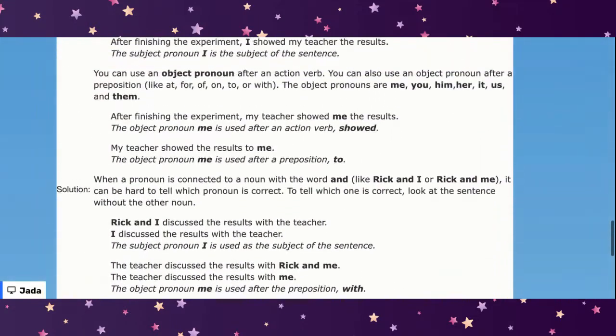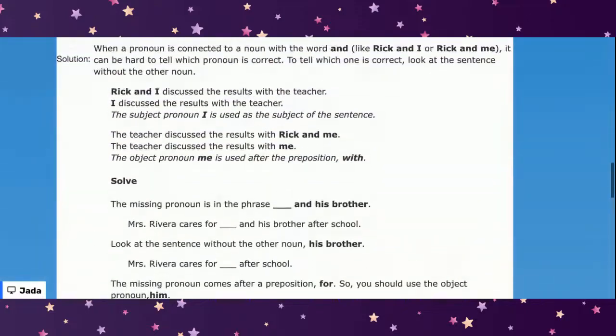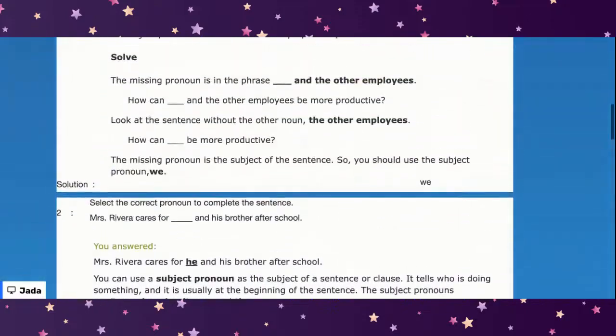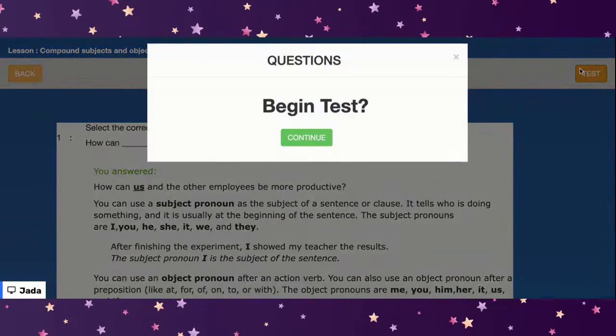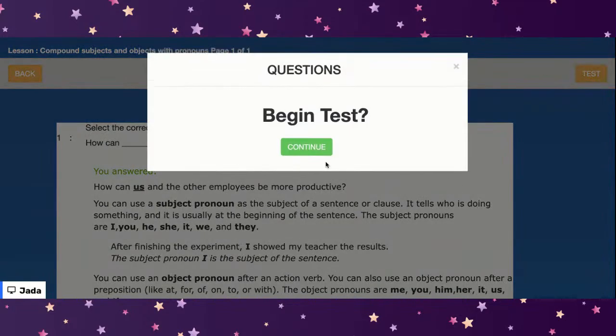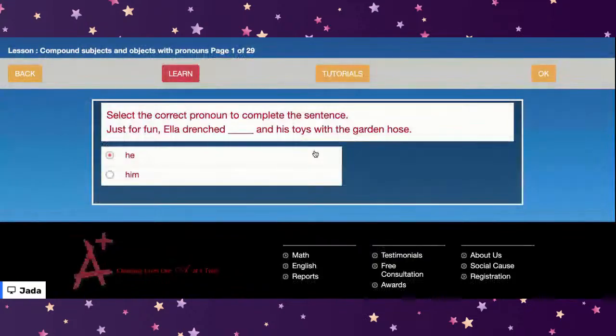All right, so let's move on to the test. Make sure that you use the right pronoun for the answers. Just for fun, Ella drenched Dash and his toys with the garden hose. Is it him or he? All right, send in your answers now. Drenched him or he?